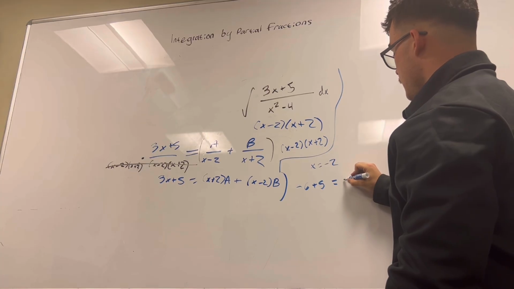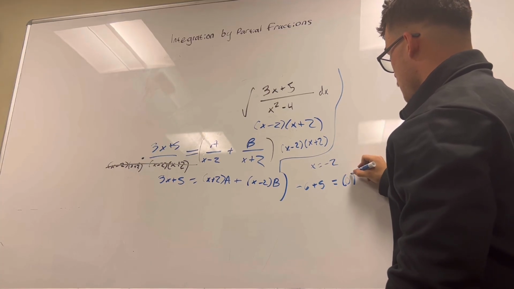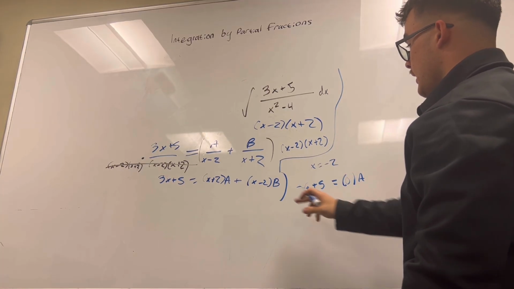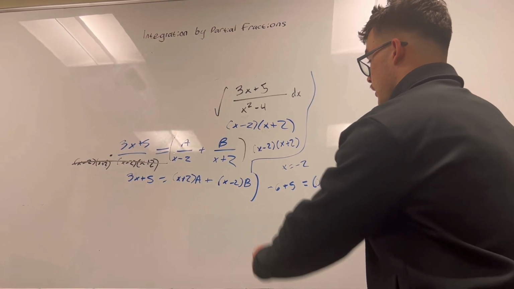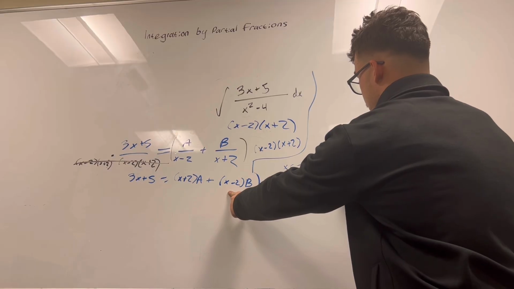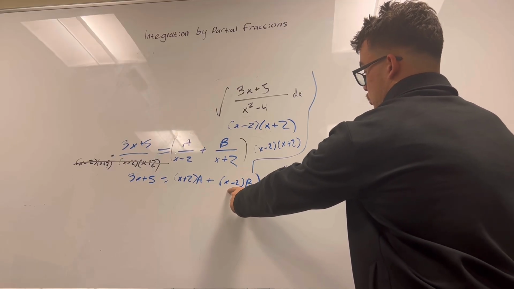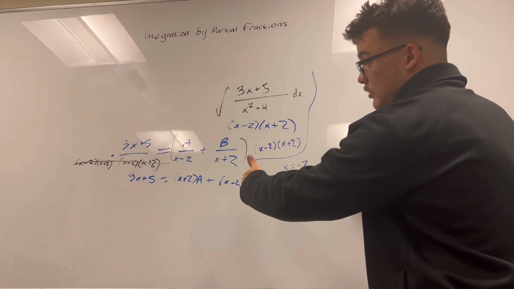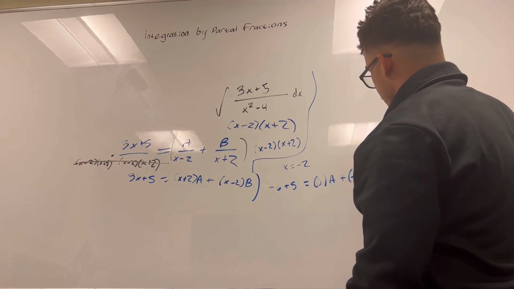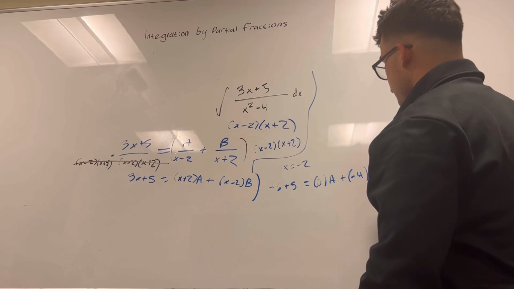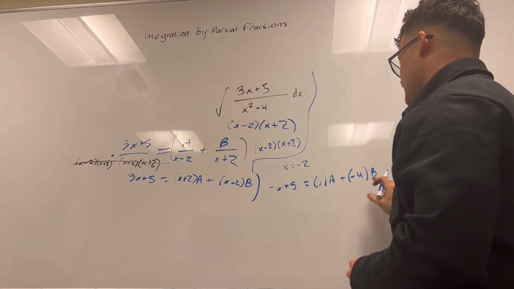It's going to be 0a. And then we're going to add this term: we're at -2, so it's -2 minus 2, -4, -4b. And now everything's numeric except for b.